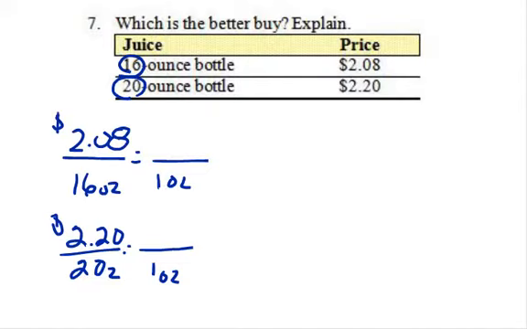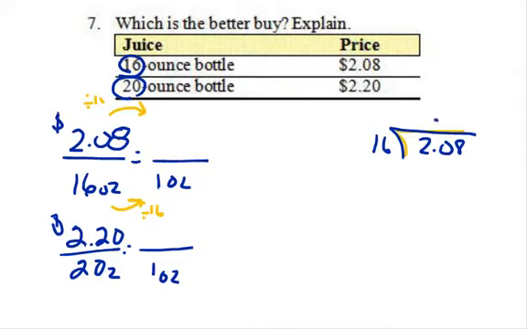So $2.08 to 16 ounces. Just as before, you divide by 16 here. 208 divided by 16, right? Divide in decimals. It's a whole number on the outside, so I don't need to move my decimal.